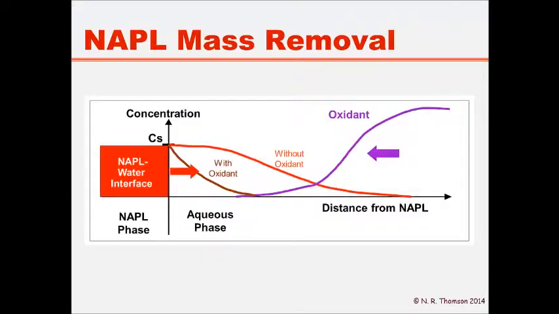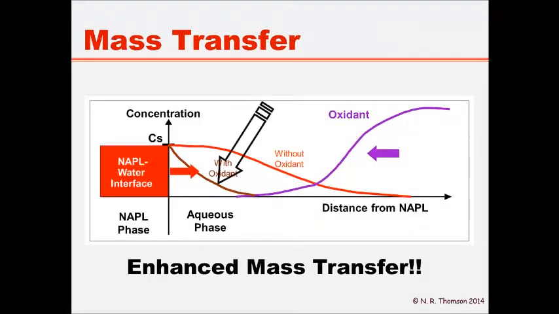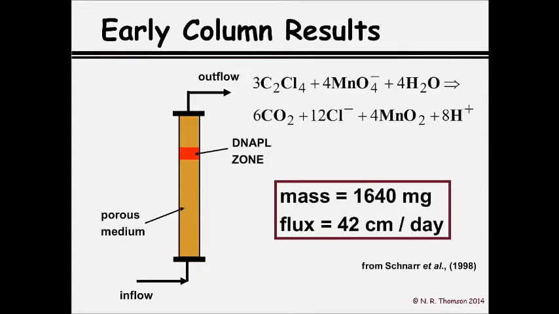If you are fortunate enough to get the oxidant close to the non-aqueous phase water interface, then the presence of the oxidant will cause the concentration profile off of the NAPL water interface to steepen. By steepening that concentration profile, you enhance the mass that is being removed from the non-aqueous phase liquid. And that is what I've called enhanced mass transfer.